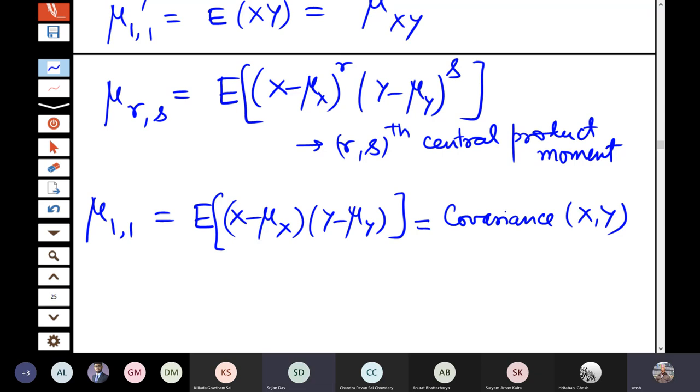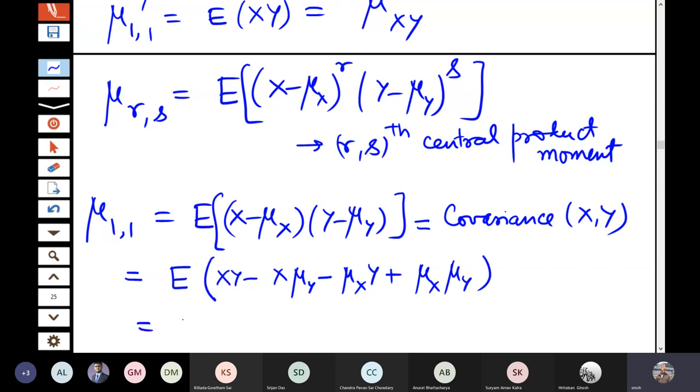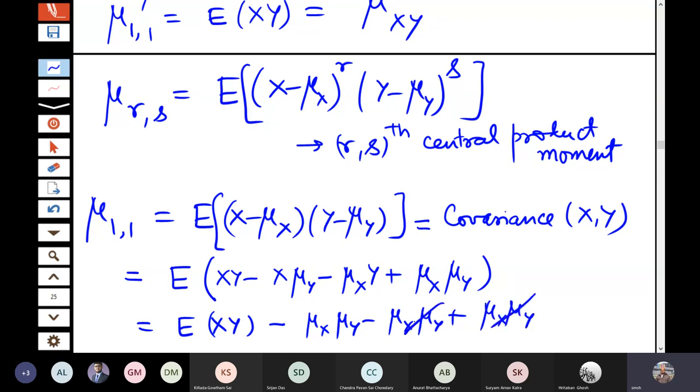So we can have some simplified expressions also. If I expand it, I will get xy minus x mu y minus mu x y plus mu x mu y. That is the expectation of xy minus mu x mu y minus mu x mu y plus mu x mu y. So this cancels out.